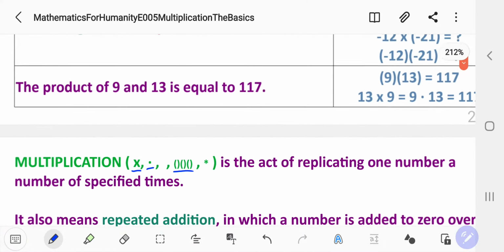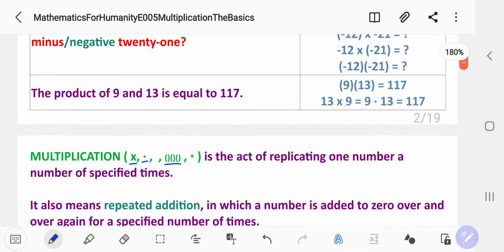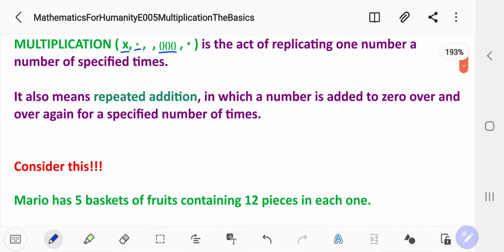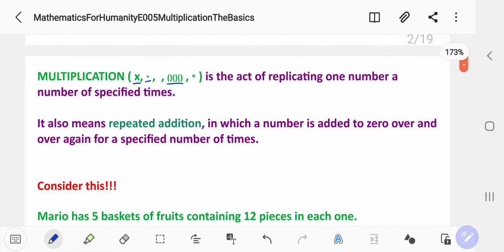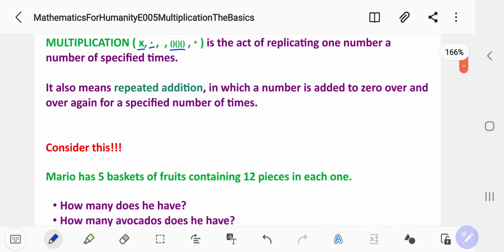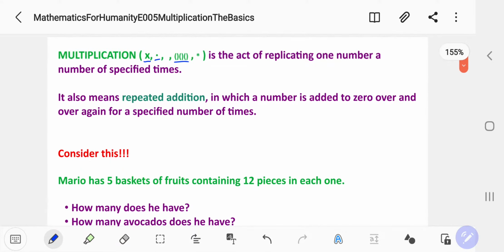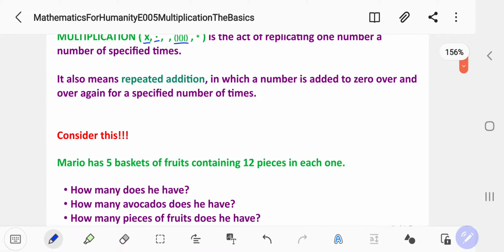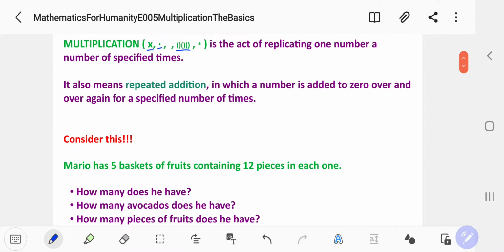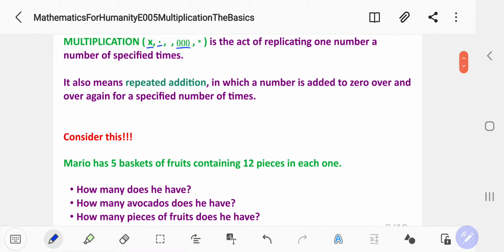So what is multiplication? Multiplication is the act of replicating one number a number of specified times, or the act of recreating one number a number of specified times.